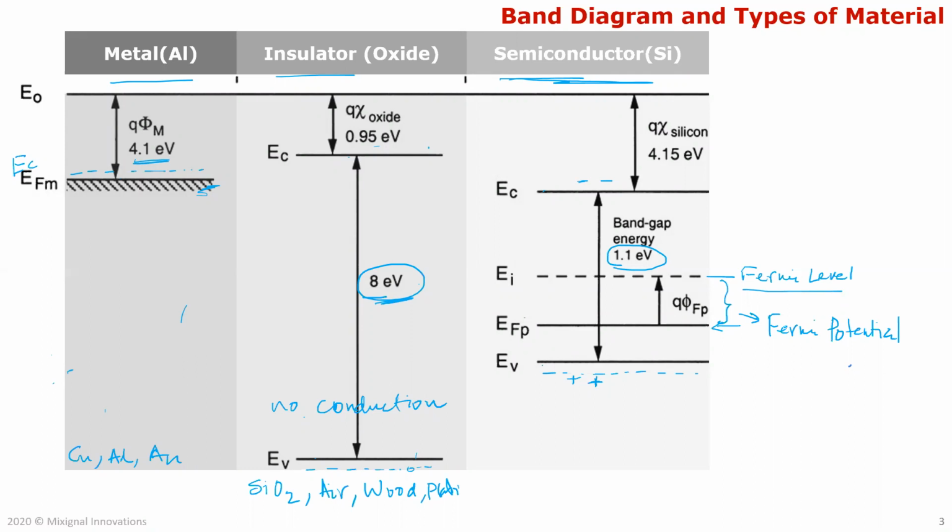Okay. So I explained quickly what band diagrams are, and then we explained the types of materials in terms of their band diagrams. Now I'll show you the different types of semiconductors, how to create an extrinsic semiconductor, what's the difference between intrinsic and extrinsic semiconductors, and show the band diagrams for them as well.